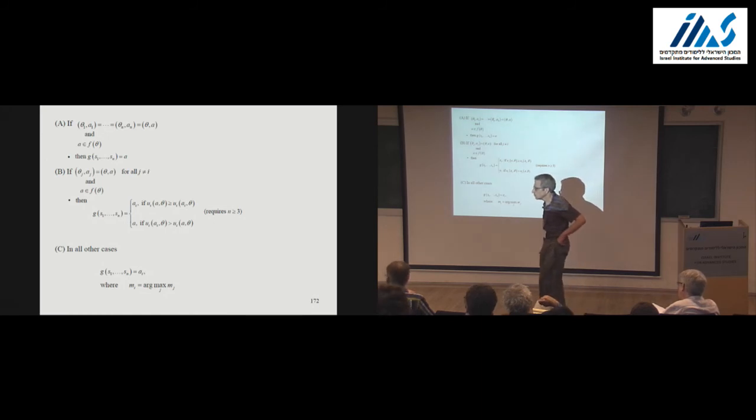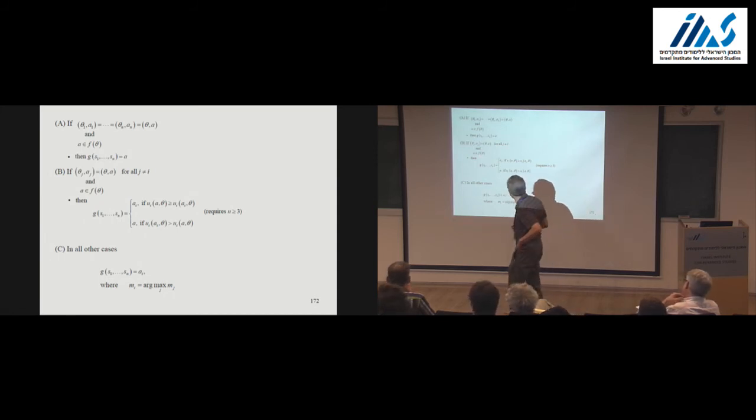Maybe what is missing is that in the first case, AI must be in F theta. AI, in the first subcase there. No, AI doesn't have to be optimal. In the subcase of this, you see, you are choosing AI there.